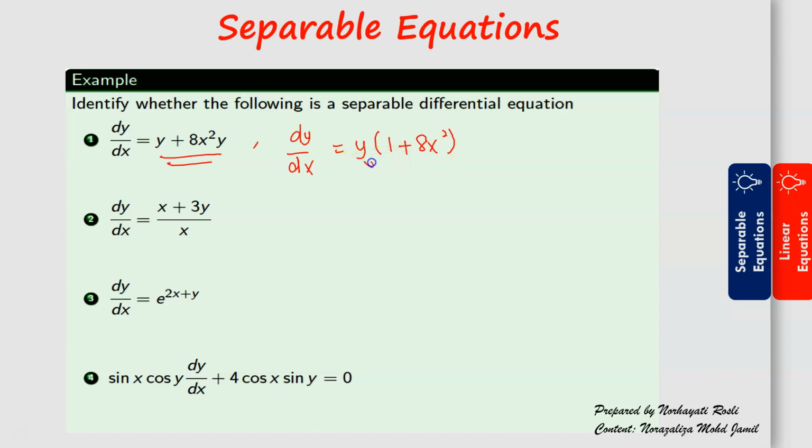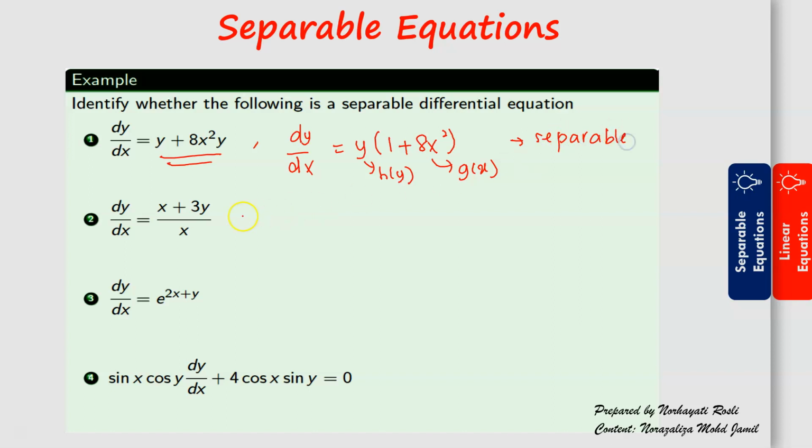So this one is my h(y) and this one is my g(x). It means it can be written as in the definition of a separable equation. So the first one is separable.